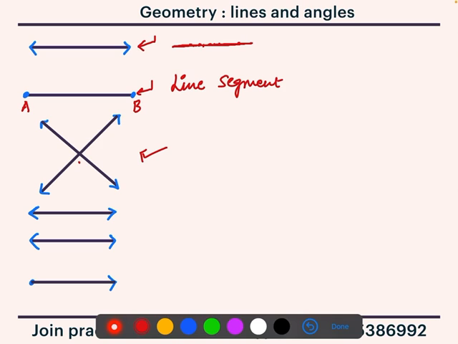So this point over here is the point of intersection of two lines. Okay, what's the speciality of this point? This point, whatever coordinates of this point are, will satisfy the equations of both the lines.